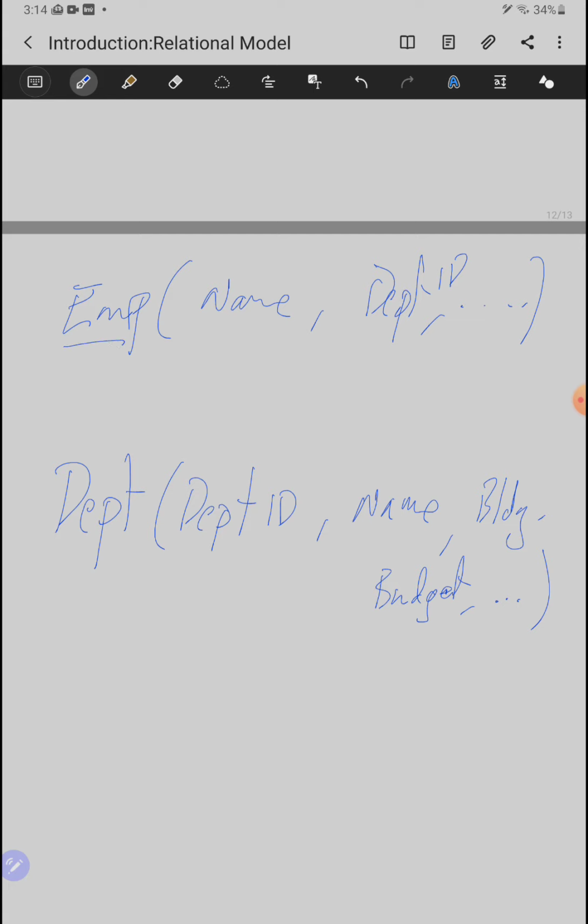We want to make sure that every employee, whatever department they're in, has to be a valid department. So the way to do that is to say, okay, any of the elements here, the domain of this, it comes from here. So this is referred to as a foreign key.